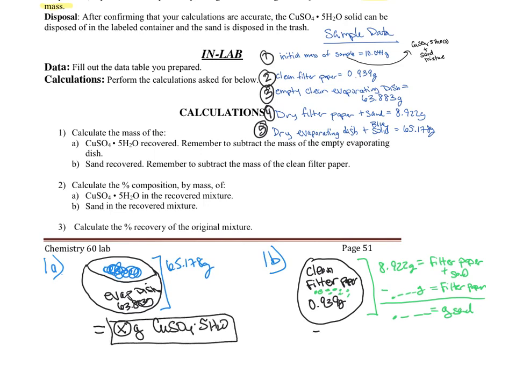In 1B, I'm going to call this Y grams of sand. You need to use your actual numbers. Here I'm just using letters. So you can then use this setup and apply it to your own.